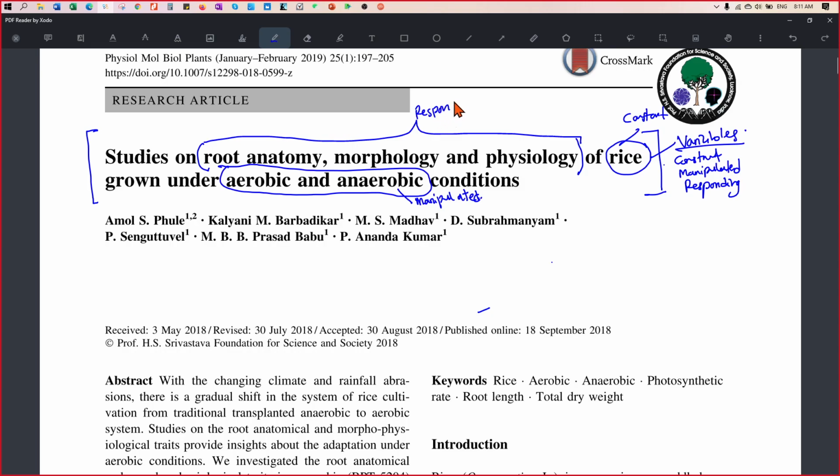I would say that this is a good title. Just bear in mind as we go along, scientific articles, even though they have to be superbly scientific, are still written by humans. So you might see from time to time there will be errors.